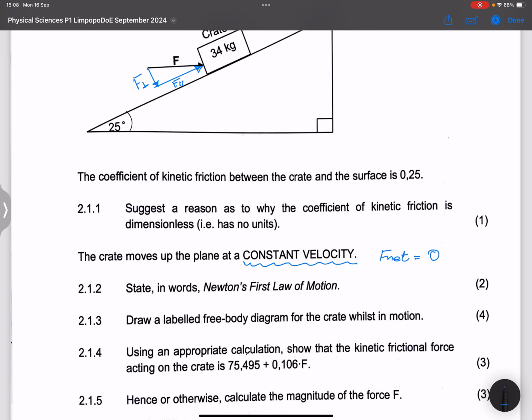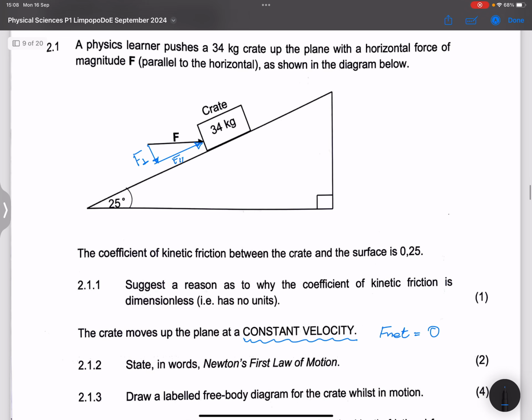In this case, let's look at the next one. They say draw a labeled free body diagram for the crate while it is in motion. Ladies and gents, let's quickly do this. Firstly, there is the applied force, we'll come back to that. As per normal, your examiners prefer that you do not use the parallel and the perpendicular components.